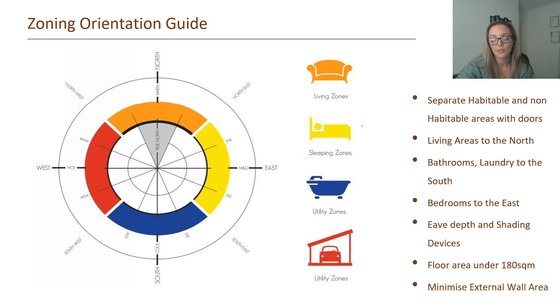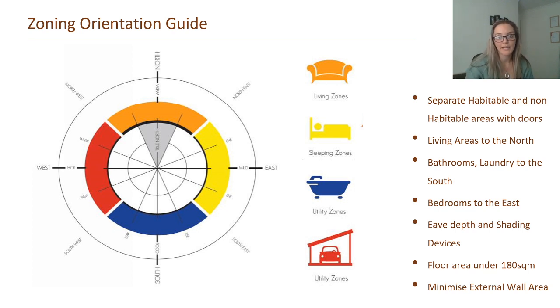You want to be able to design your shading devices, your pergolas, your eaves around the angles of the sun. I know it's not always that easy, but we do model shading factors in our software. We model eaves, we model neighbouring buildings, we model pergolas and fresco areas, and all of those things impact the passive solar heat gain.